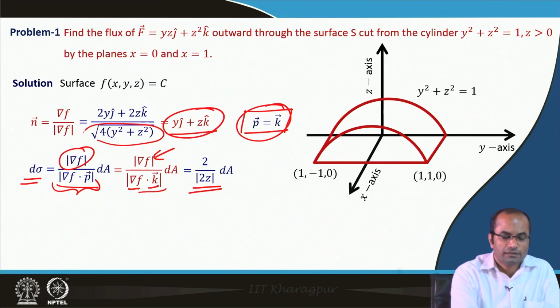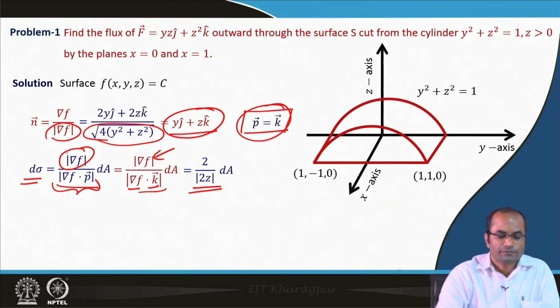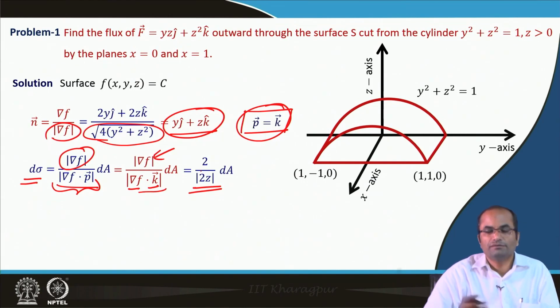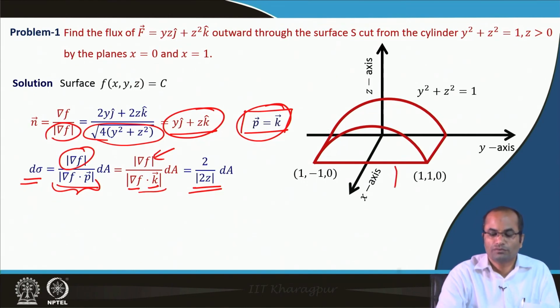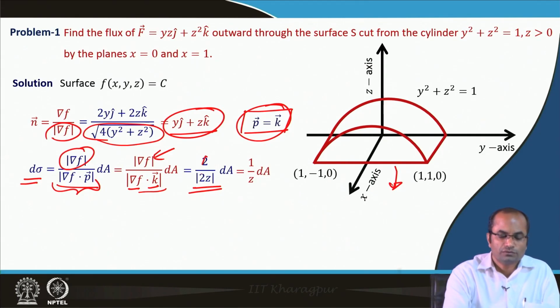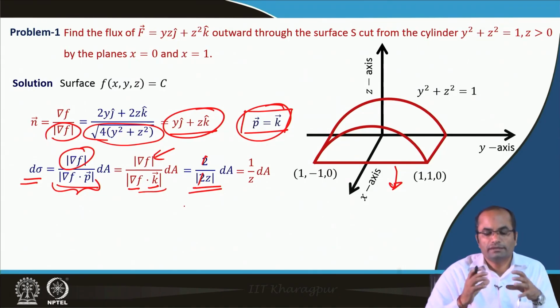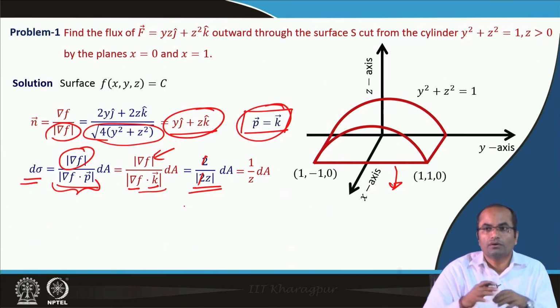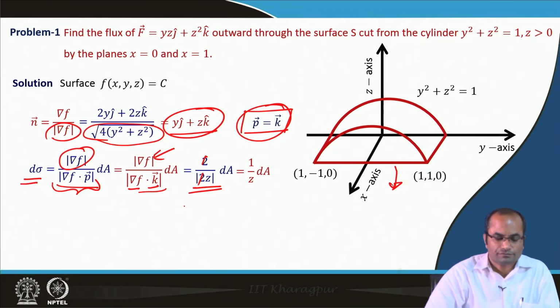We have already seen that the magnitude of grad f is 2. So, we have 2 over 2z, and z is positive, because we are not going for the negative direction there. So, the 2 will also get cancelled, we have 1 over z, and dA is the differential element on the xy plane.